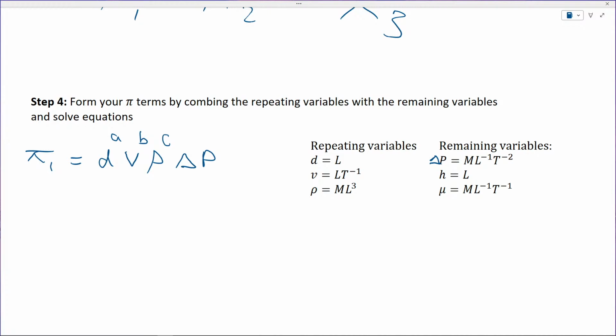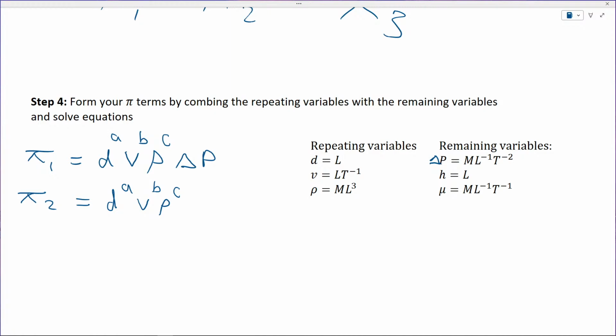Is this clear? Okay. If it is still unclear, maybe when we solve it, it will become clearer. Here we do our repeating variables, V to the power a, rho to the power b, and so on. What guy should I put here? Do you know?